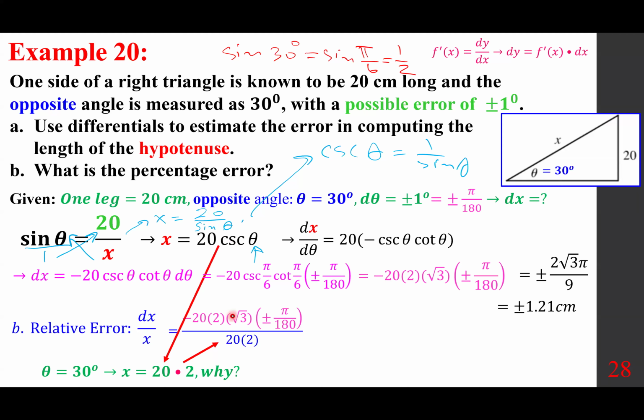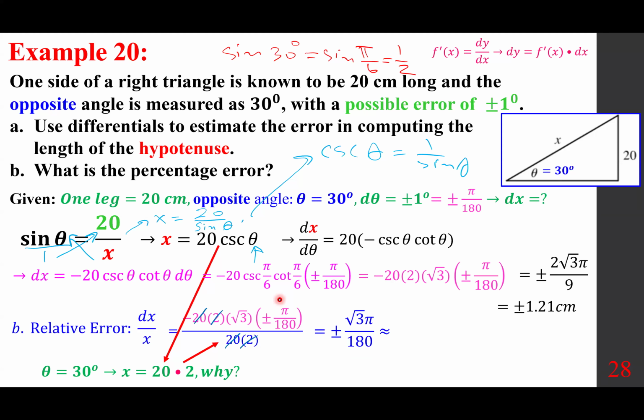Again, I'm using the fact that x is 20 cosecant theta, and 20 times 2. Okay, I've explained everything here. And so what happens is, 20 times 2 and 20 times 2 cancel each other. We get minus times plus minus, it makes it still minus plus, or plus minus, makes no difference.